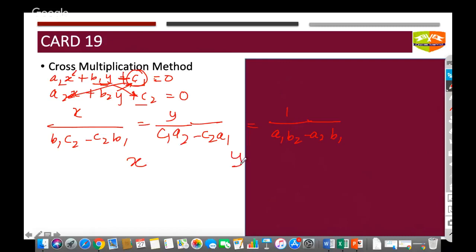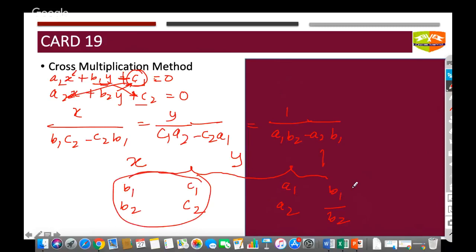Or you can write like this: x, y, and 1, and you can write this as b1, b2, c1, c2, a1, a2, b1, b2. This is how you have to remember. So for x, you multiply this, divided by this one, a1 b2. For y, what we need to do is multiply this divided by this.